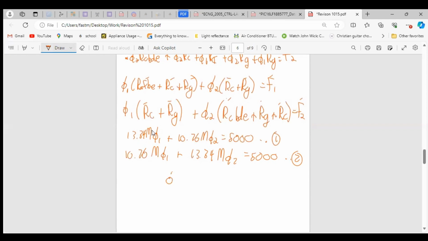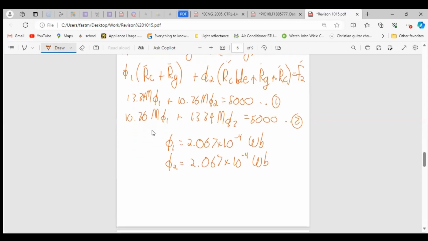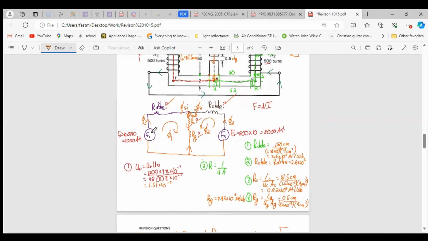And you just end up with phi 1 equaling 2.067 by 10 to the minus 4 webers, and ironically, I2 was equal to 2.067 by 10 to the minus 4. They were the same thing. Now for the first part of the answer, that's like what we did on top.